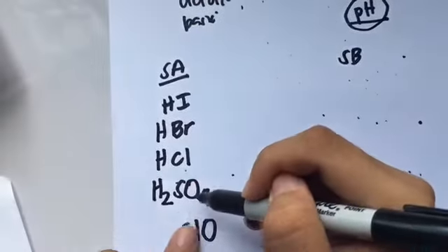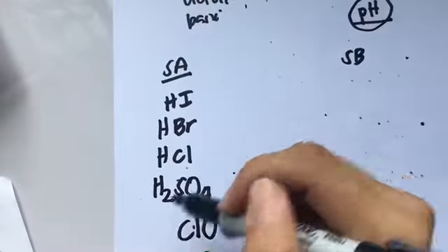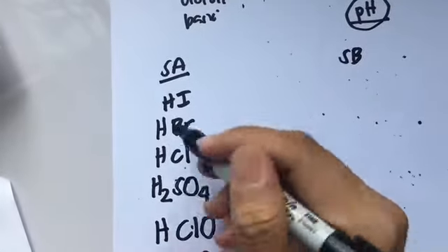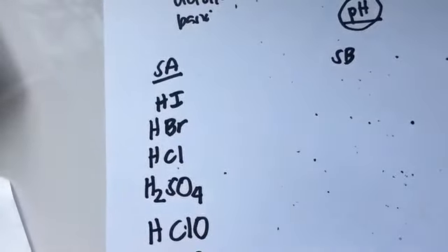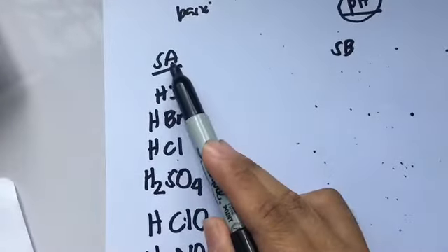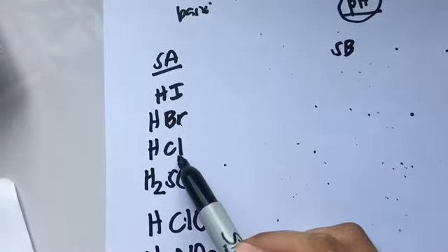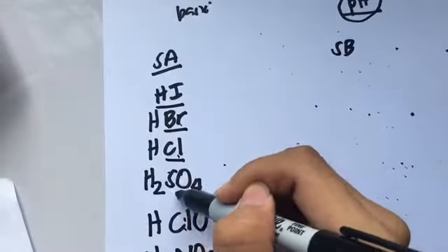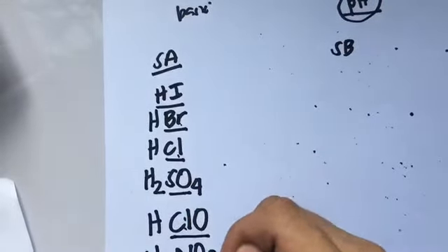H2 kasi 'di ba ang charge ng sulfate is -2. H lang kasi ang charge ng chlorate is -1 and H lang dito. Yan. So this is the list of strong acids. High, brother, clear, so close, no.